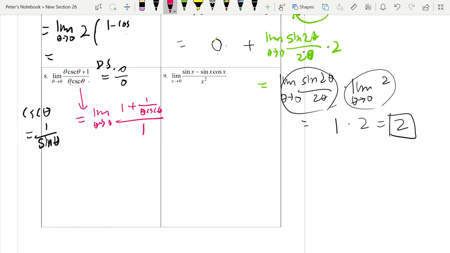So what I did was I divided both the numerator and denominator by theta cosecant theta.